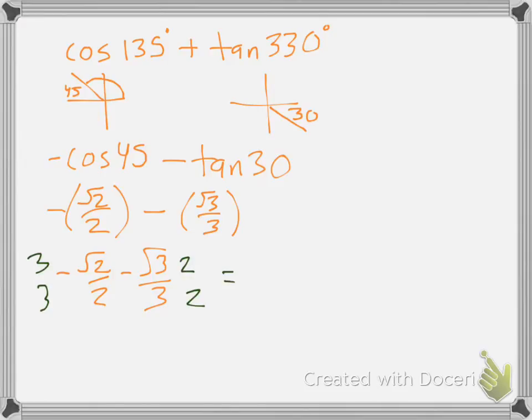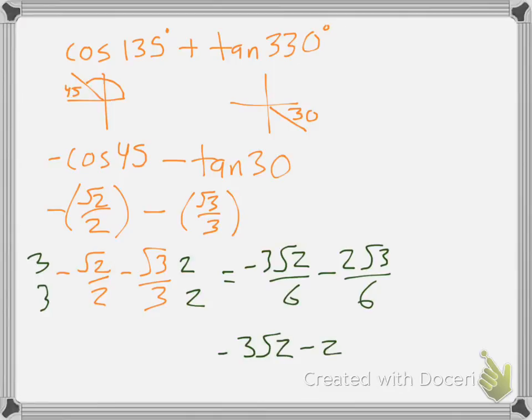So it becomes a negative 3 square root 2 over 6 minus 2 square root 3 over 6. They're not like terms, so I can't group them the same. And there's our answer. That's the exact answer.